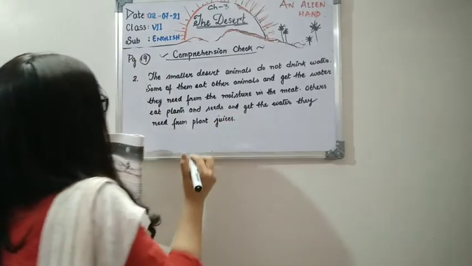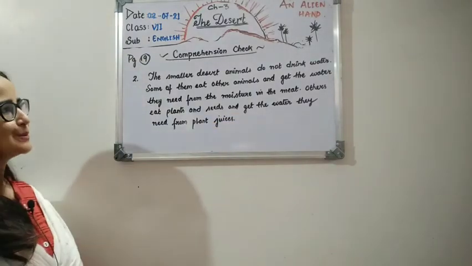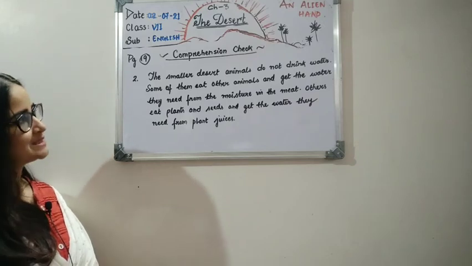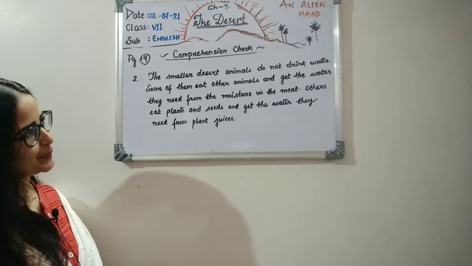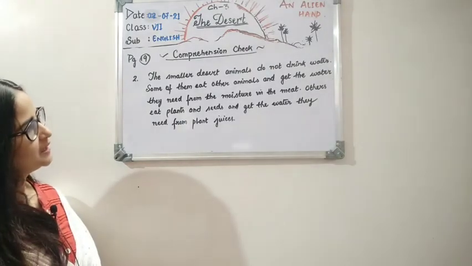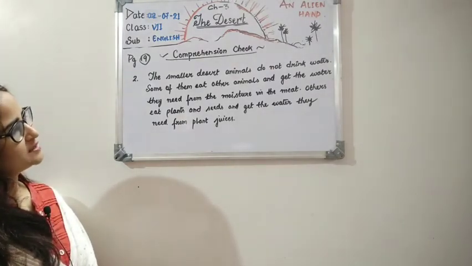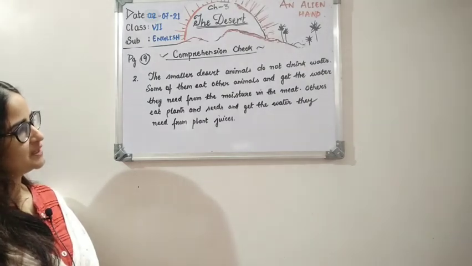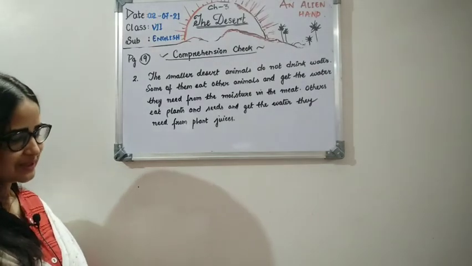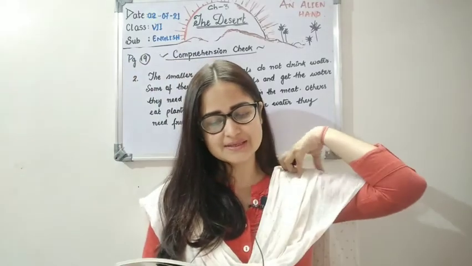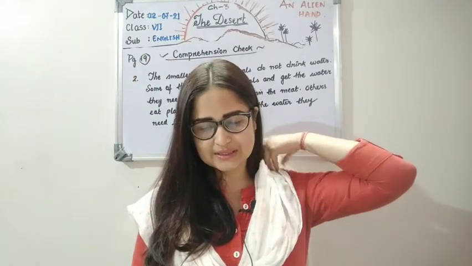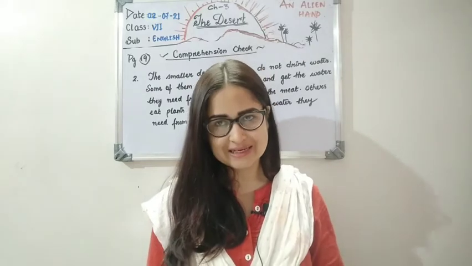Okay children, so the smaller desert animals do not drink water. Some of them eat other animals and get the water they need from the moisture in the meat. Others eat plants and seeds and get the water they need from plant juices. Now moving to the third question of this comprehension check. In a desert, the temperature rises during the day and falls rapidly at night.